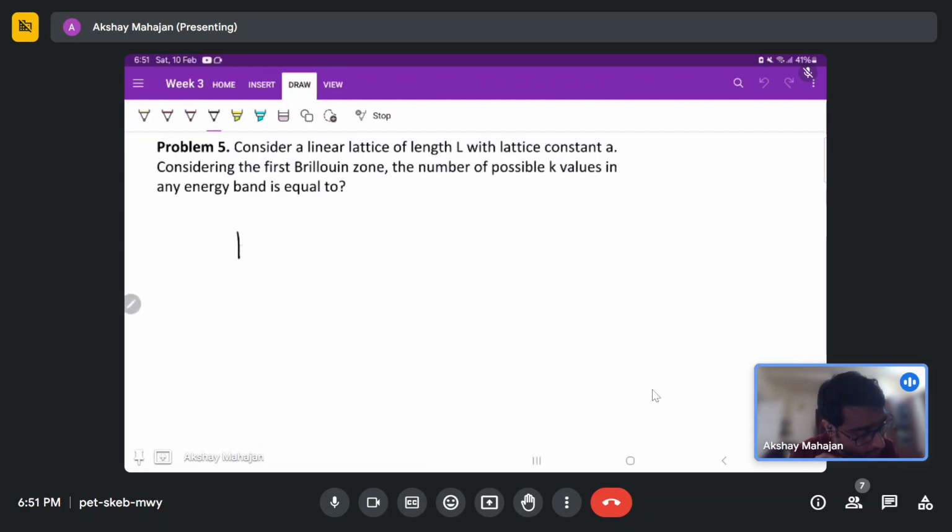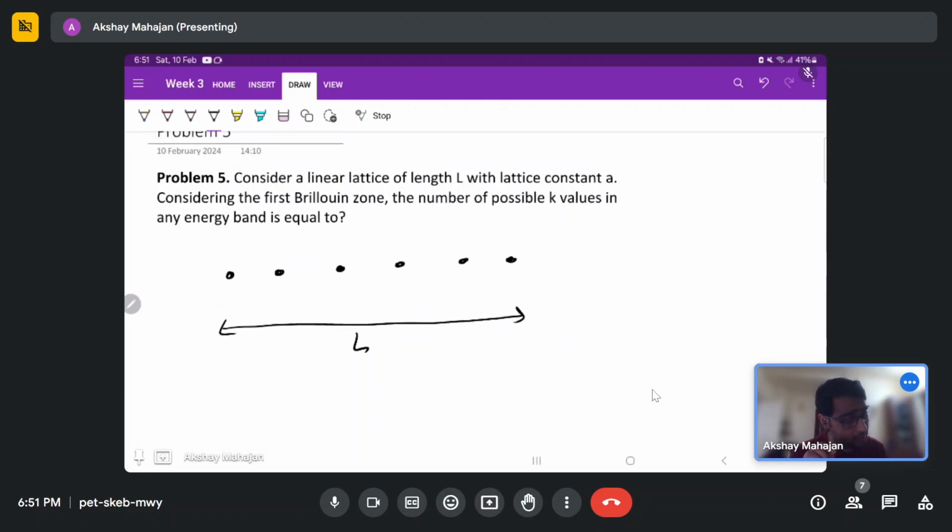So what is given to us? We are given a linear lattice. So we have a 1D lattice, and the length of this lattice is L. It is a finite lattice, not an infinite one, and the distance between each of these lattice points is given as a.